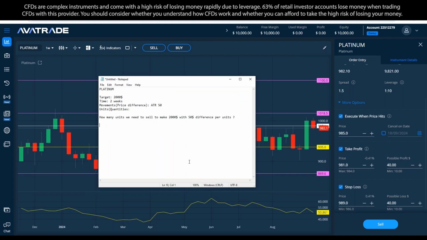Target divided by movements equals units, right? Target divided by movements equals units. So 2,000 divided by 50, who knows that?